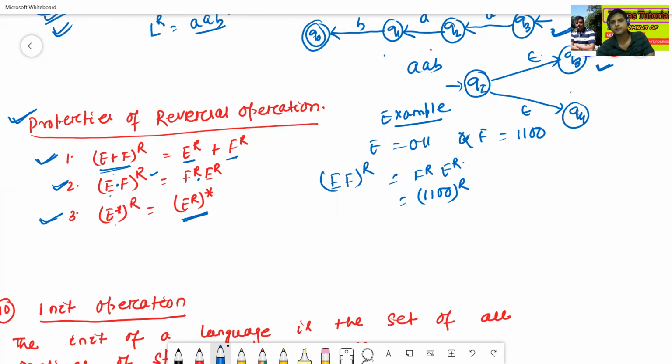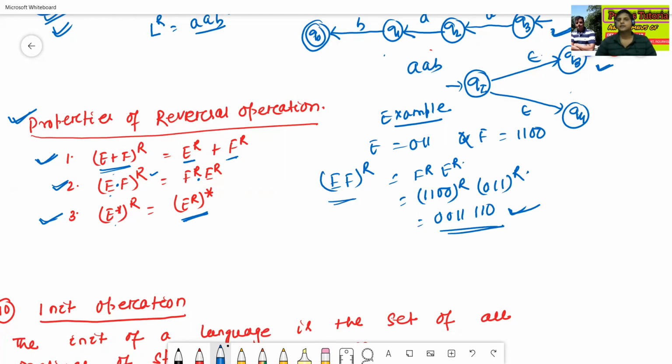Then E is 011, so E reverse is 110. So the output of (EF) whole reverse is 0011110. Okay, these are the properties of reversal operation.